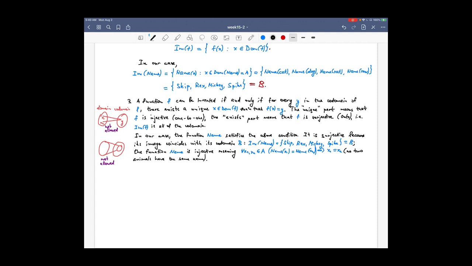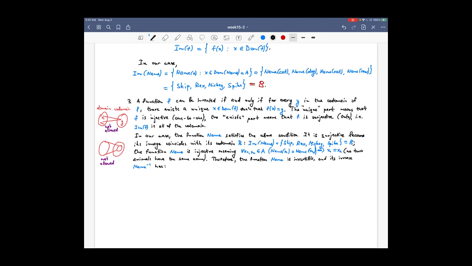Therefore, the function name is invertible, and its inverse has the following.